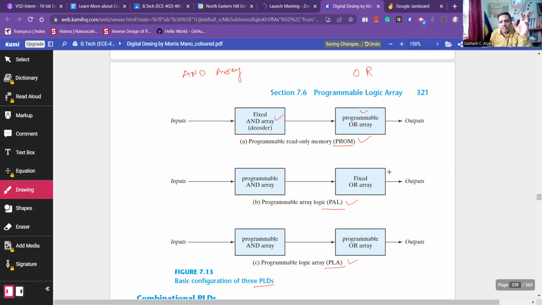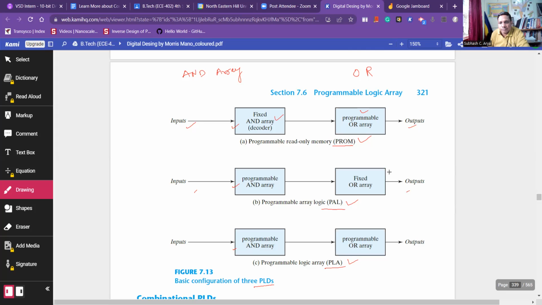You can see in all three, the first level is all AND gates. Similarly, the second level is the OR level, OR gates. These are the similarities which you can see in all three configurations, as well as the input on this side and the output on this side.